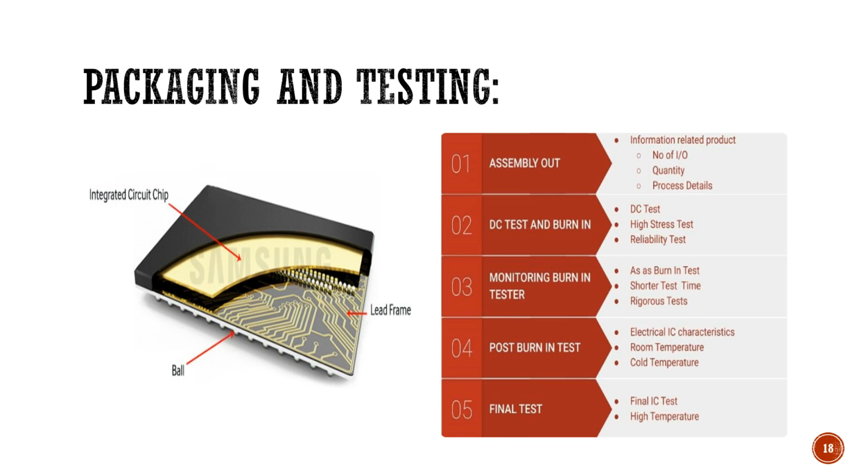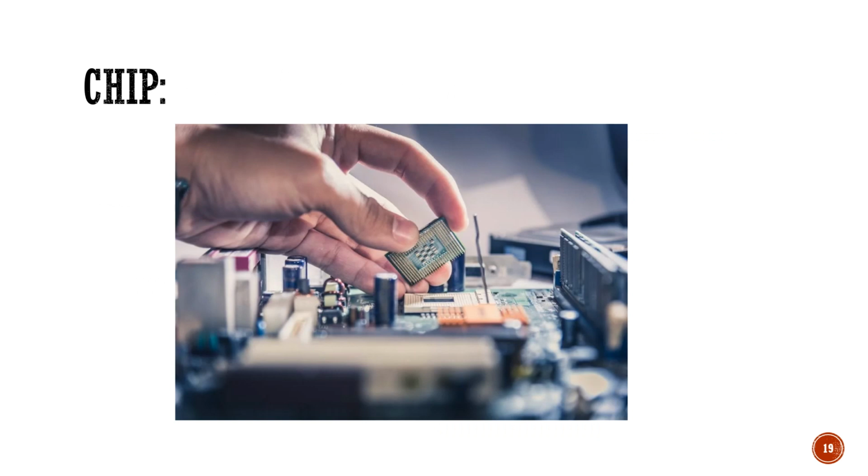Then we need to verify the electrical characteristics under room temperature and under cold temperature, and this is accomplished in the post burn-in test. Finally, an IC test is carried out under high temperature, and then only your IC will be ready for mass production. So these will be the various steps involved in VLSI design flow, right?